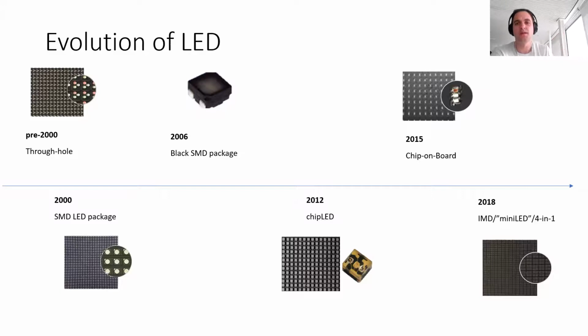I'm going to explain a little bit more on that later on during this webinar. One of the latest developments is chip on board. Chip on board is a totally different technology when you consider the way the LEDs or the diodes are placed onto the LED board. And there's also the 4-in-1 packaged LED, which is actually a transitional technology between the traditional SMD packaged LED and chip on board.